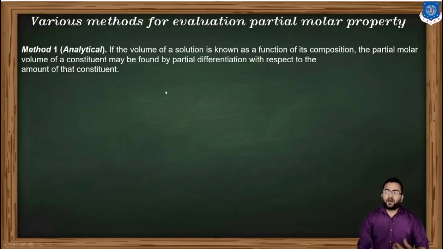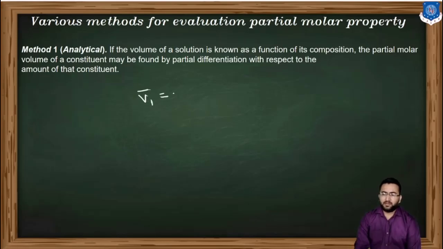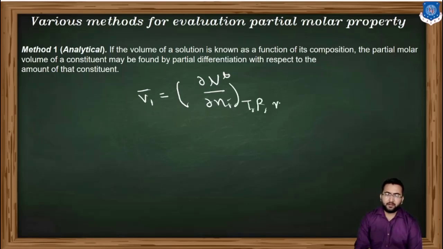In the analytical method, the volume of solution is known as a function of its composition. The partial molar volume of a particular component may be found by partial differentiation with respect to the amount of that constituent. That can be given by Vi bar is equal to del Vt upon del Ni at constant temperature, pressure, and Nj, where i is not equal to j.